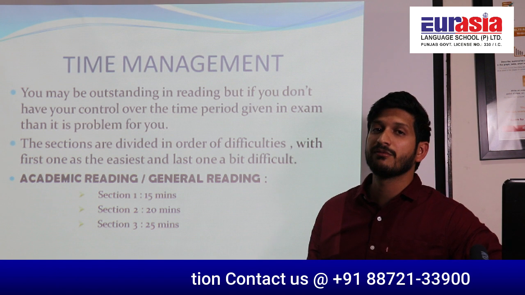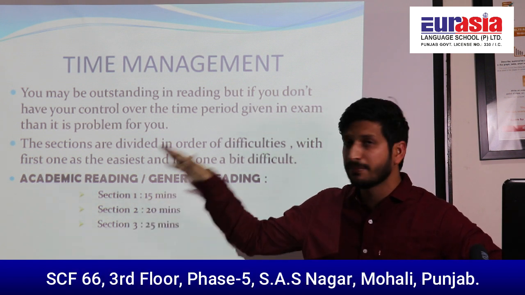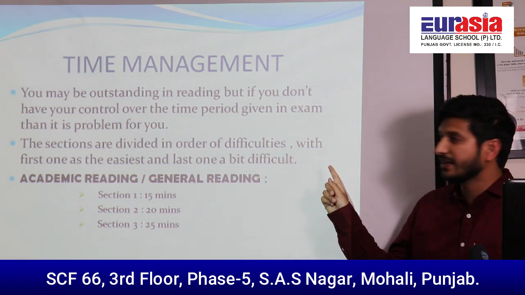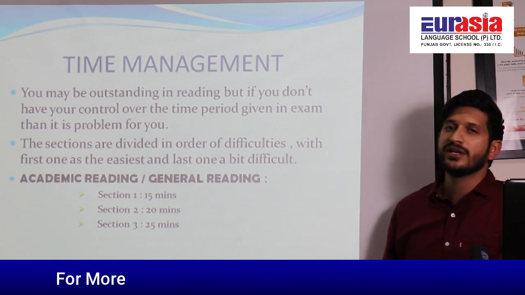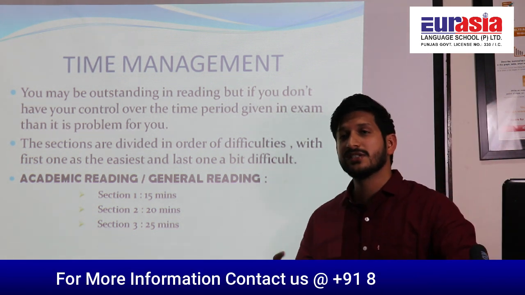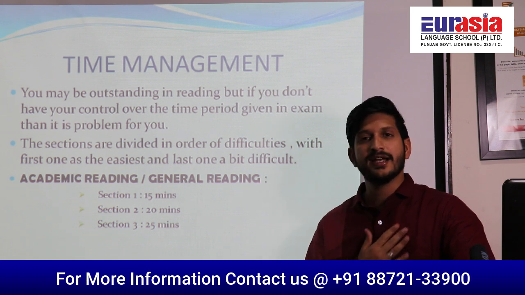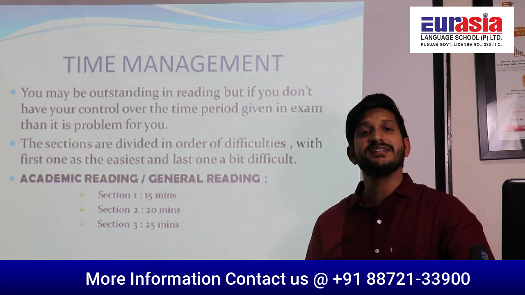It is a big problem for you, because leaving 2 or 3 blanks also brings your band scores very far down. The sections are divided in order of difficulty, with the first one as the easiest and the last one a bit difficult. I don't agree with that. They just say that, because I personally have found section 4 to be the very easiest one for me.